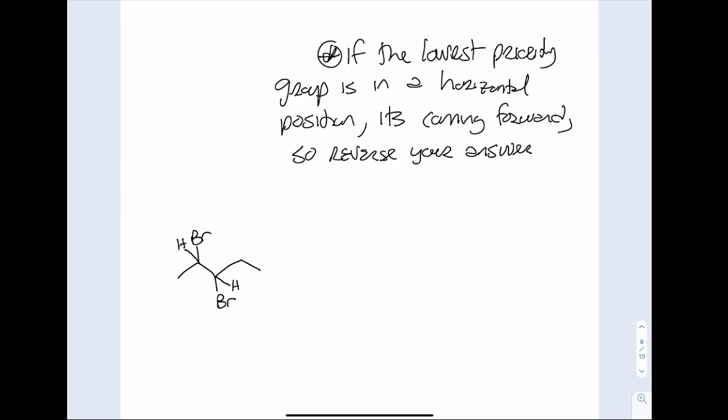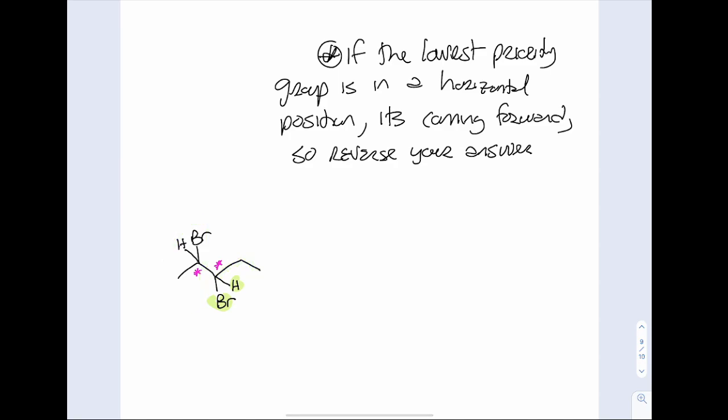But to start, I just want to note that I do have 2 chiral centers, right? That carbon has this methyl group, a hydrogen, a bromine, and then the rest of this molecule, which is different than those other groups. And then I have a second chiral center. It has a bromine, a hydrogen, this ethyl group, and then the rest of the molecule, which is different than the bromine, the hydrogen, and that ethyl group.